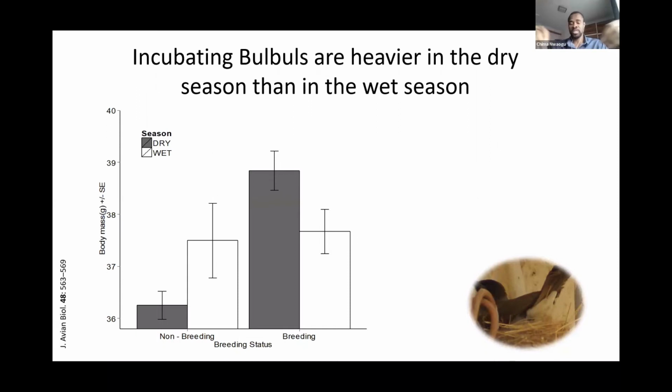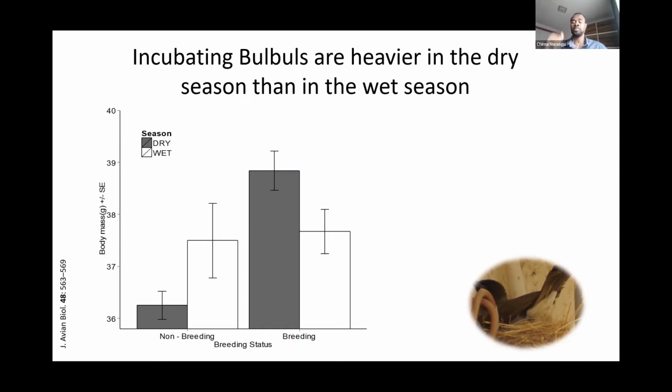because the dry season is much more unpredictable. When you carry body reserves, you can spend more time incubating, and when you don't find food in time when foraging, you would not starve. So this gives us some idea about how birds cope with breeding both in the wet season and in the dry season.